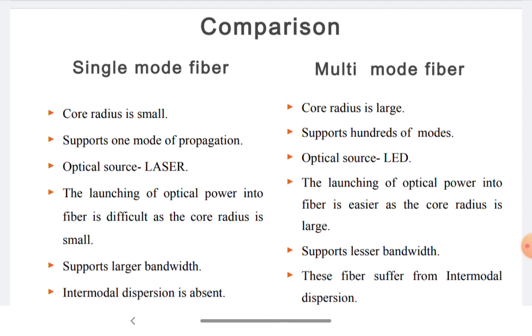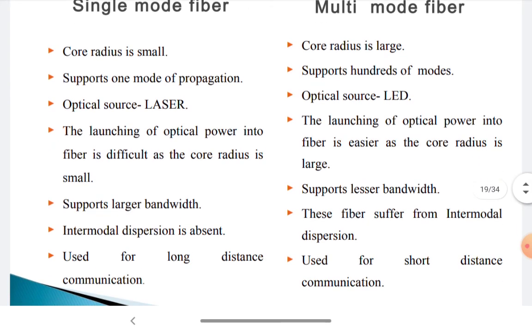Single mode fiber has a large bandwidth, meaning very high bandwidth. Multi-mode has lesser bandwidth because different rays are there, and it is difficult to transfer more rays, so the bandwidth is very small. Intermodal dispersion is absent in single mode, since only one ray is there.